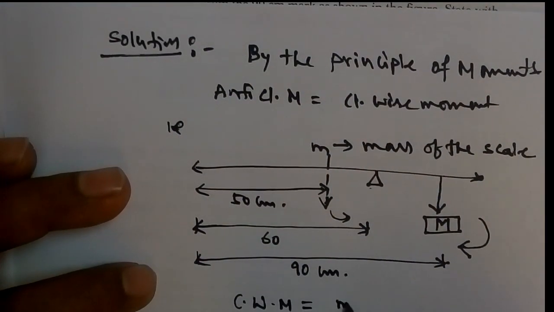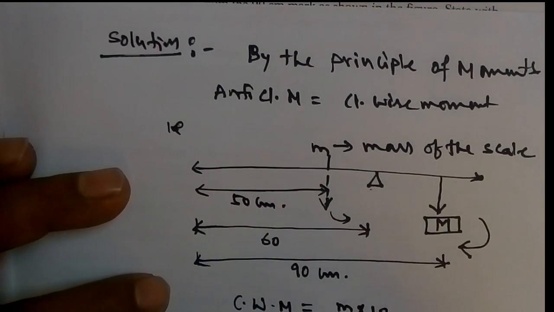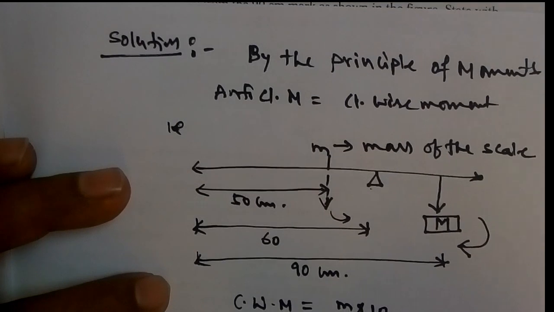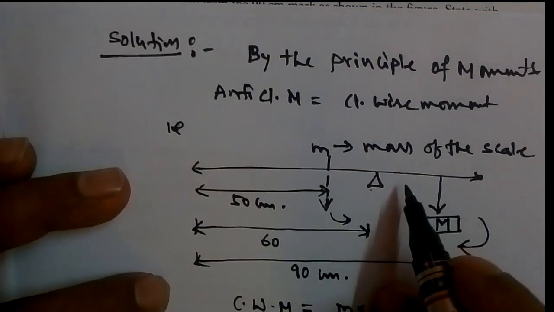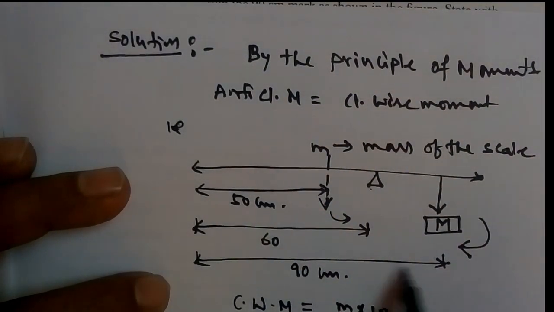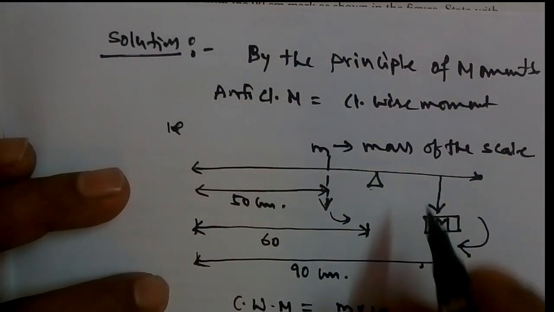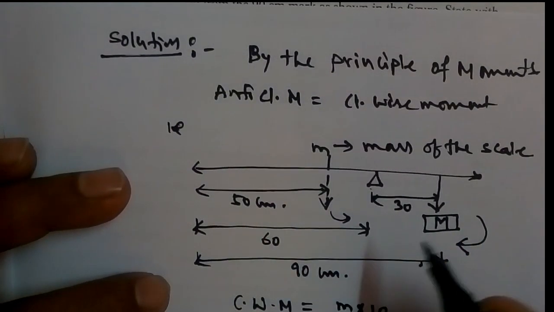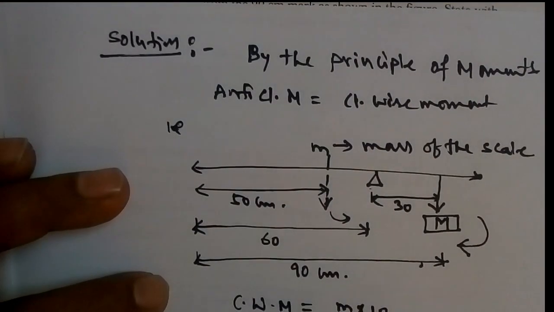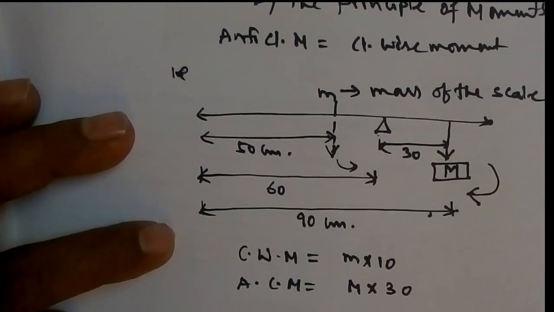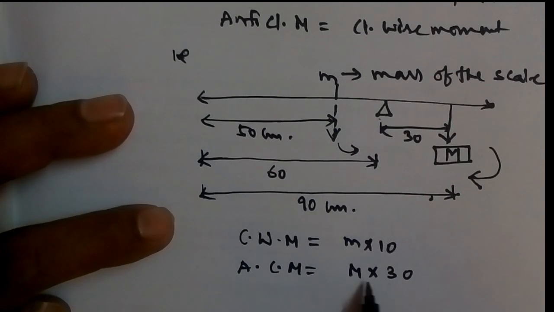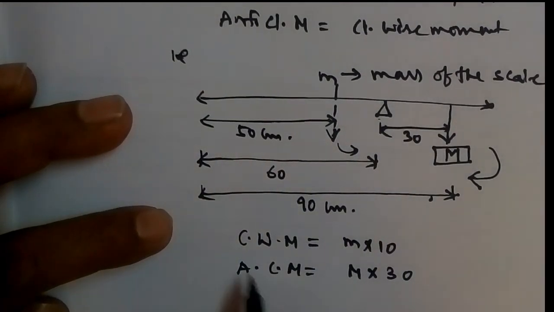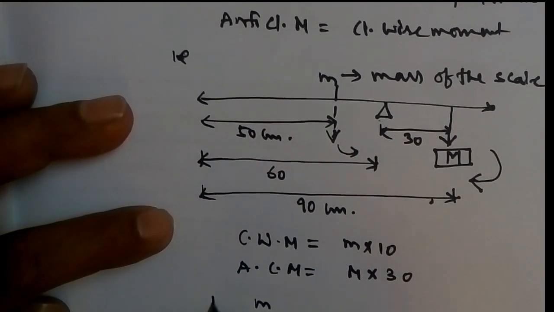So this is 50 centimeter from one end of the scale to the center of the scale. Remember, the fulcrum is at 30 centimeter from the mass capital M, because capital M is at 90 centimeter and the fulcrum is at 60 centimeter.